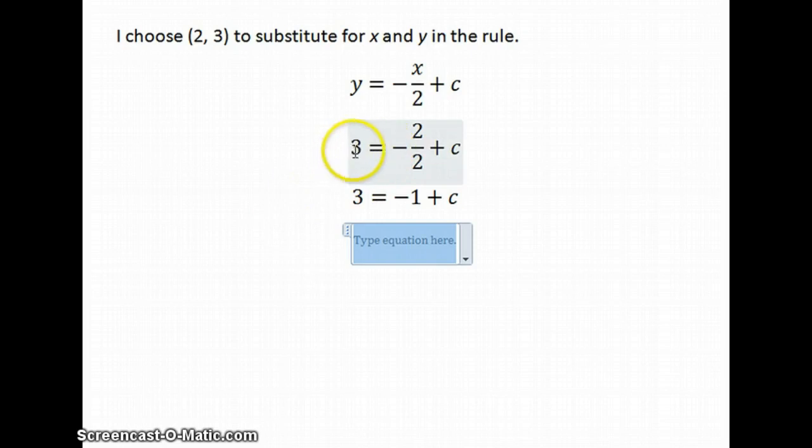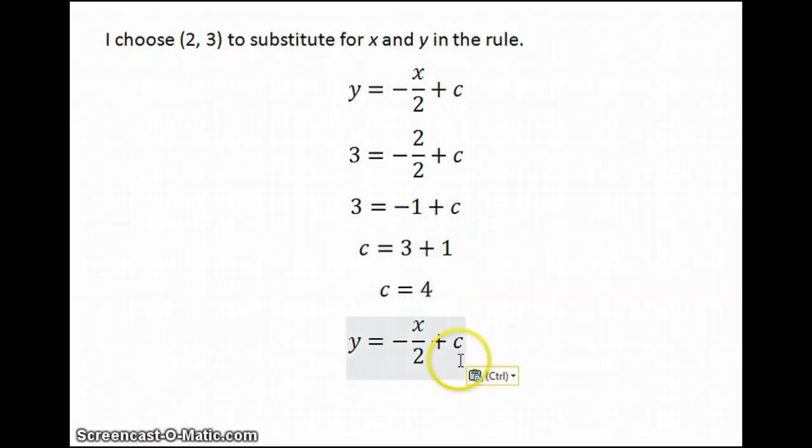Okay, so we have 3 equals minus 2 on 2 plus c. That becomes minus 1. 3 equals minus 1 plus c, change the side, change the sign. So c equals 3 plus 1, whoops, put the wrong thing in there. c equals 3 plus 1, and so c will be equal to 4.